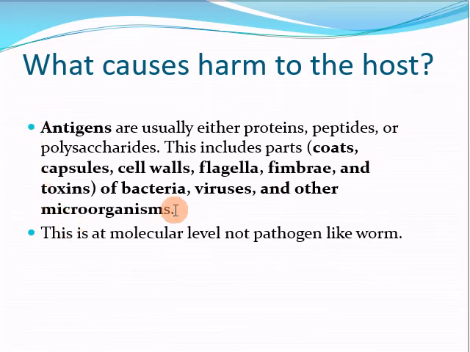These pathogens have already got inside your body, and our immune system is working to fight against them. So this is not pathogens like a worm. This is the difference you have to understand. A worm can be an external infection, but these antigens, like coats, fimbriae and capsules, must be an internal infection.